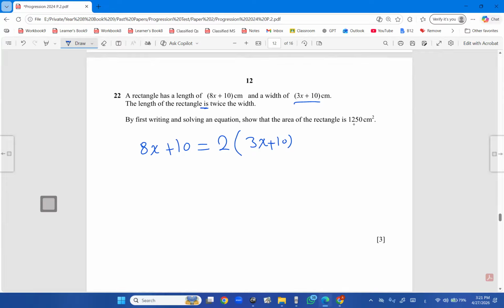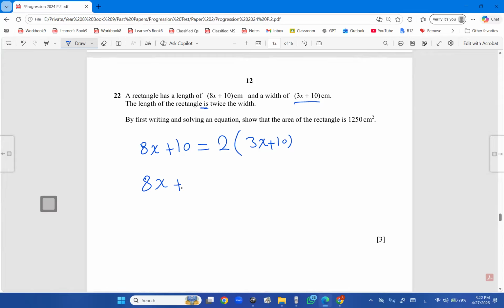So we need to do here, all right, I'm back. So here we need to do what? We need to expand the brackets and then we collect like terms.